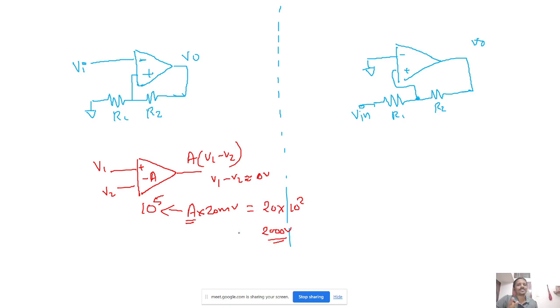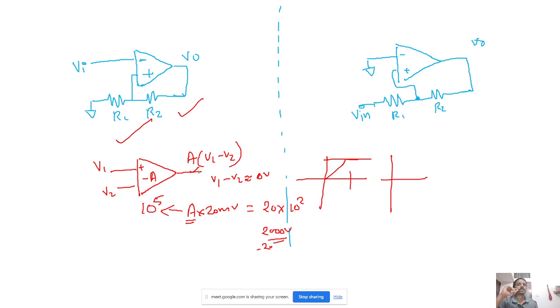But it won't go to 2000. The output will be saturated. There will be a limit, right? After that it will be saturated. Similarly, if it is minus delta V, it will be minus 2000, so it will again be saturated. I think sir mentioned that when considering the bistable multivibrator, it is somewhat comparable with the comparator circuit, right?